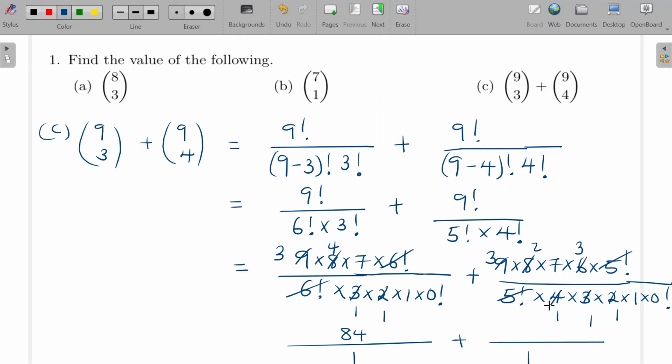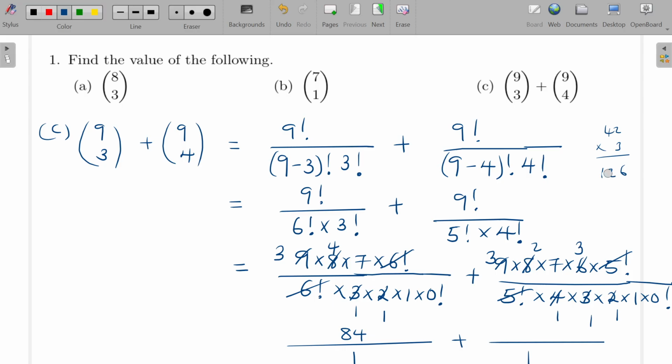Then on top I have 3 times 2, that is a 6, times 7, so 6 times 7 is 42. Okay, so 42 times 3 will give me a 6, then this is going to give me 126.